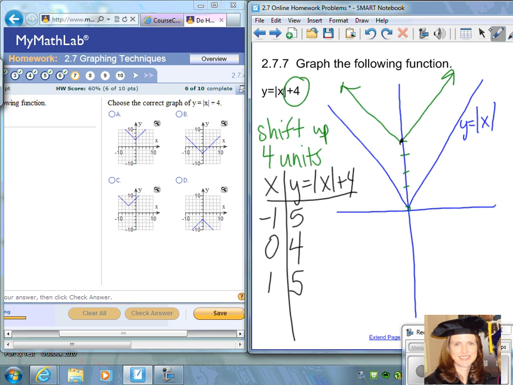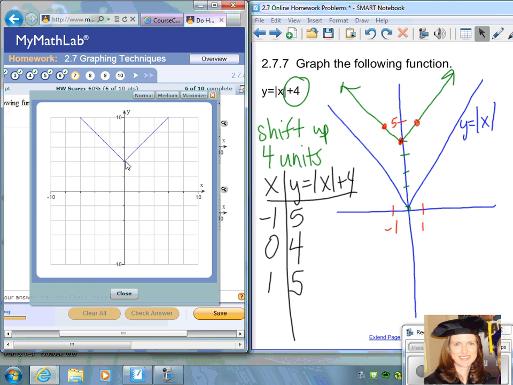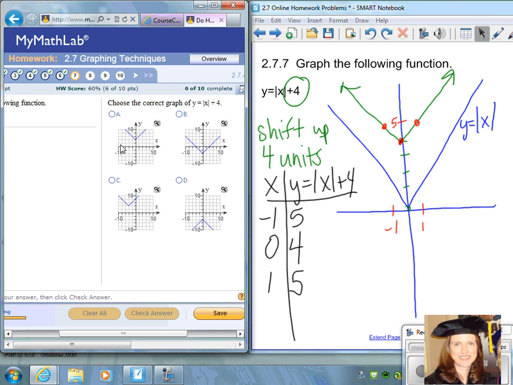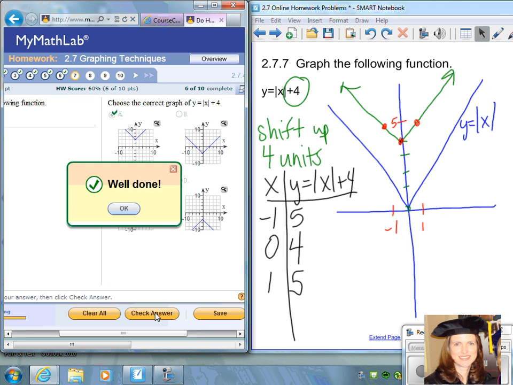So these points correspond to the graph: -1 for x, up 1, 2, 3, 4, 5. That's a point. 0, 4 is a point, and +1, +5 is a point on the absolute value graph. It looks like choice A is the absolute value of x graph that has been shifted up 4 units. Let's choose that and check your answer.